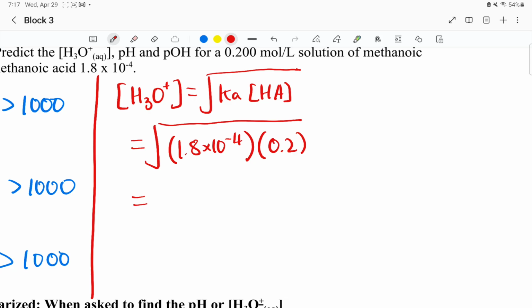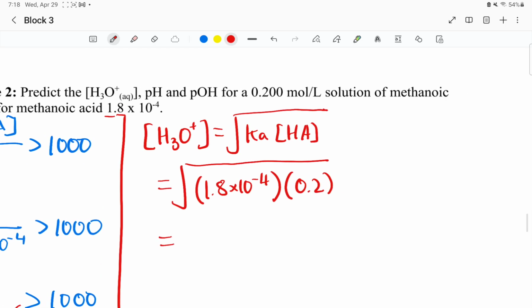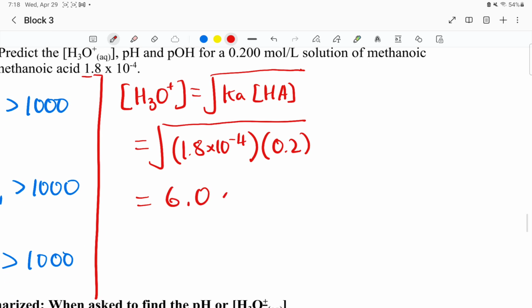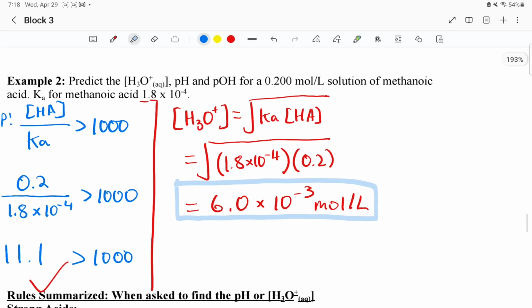Oh, sorry, dropped my pen. All right, so now we want 2 sig digs, 1, 2. So for this part, 6.0 times 10 to the negative 3 mole per liter. I'm going to square this because this is one of my answers, and I have to get it in the right number of sig digs. So we take care of the H3O.